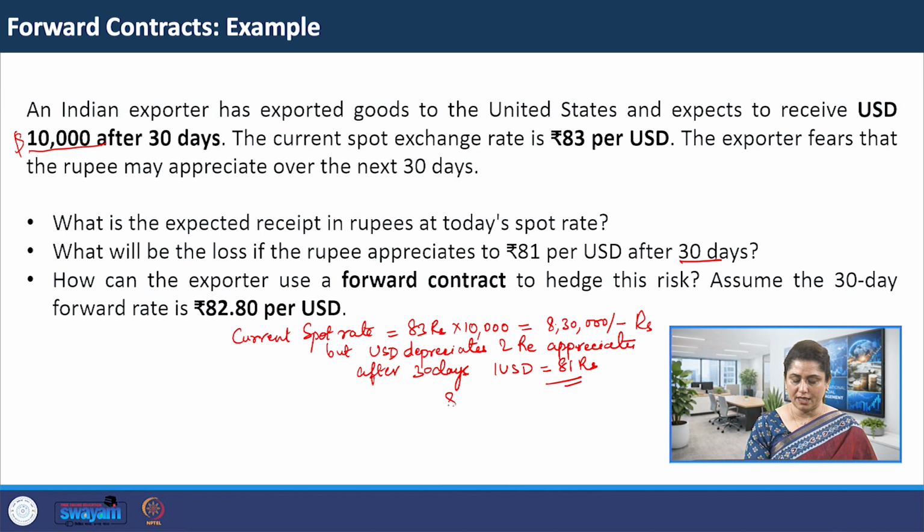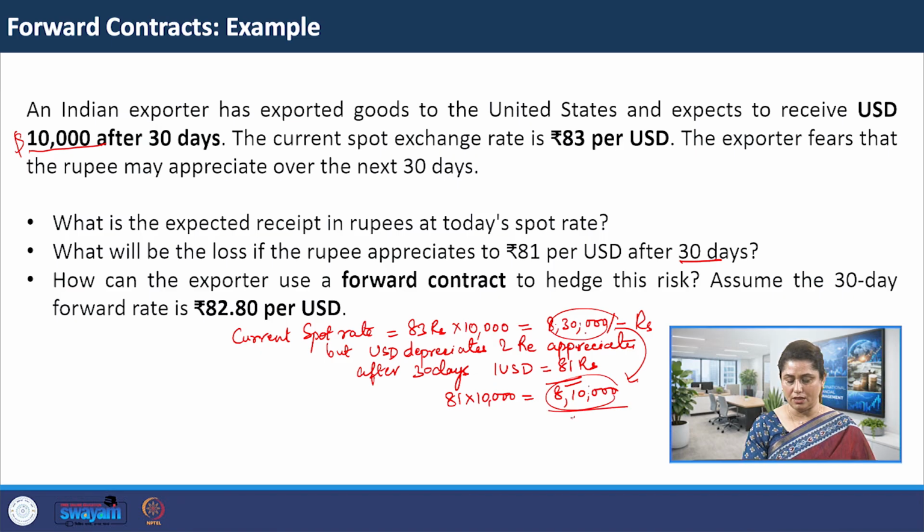It is going to be 81 into 10,000. So he will receive in rupee terms only 8,10,000 rupees.